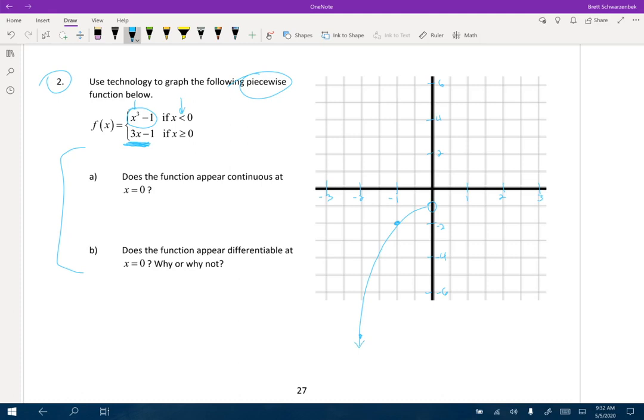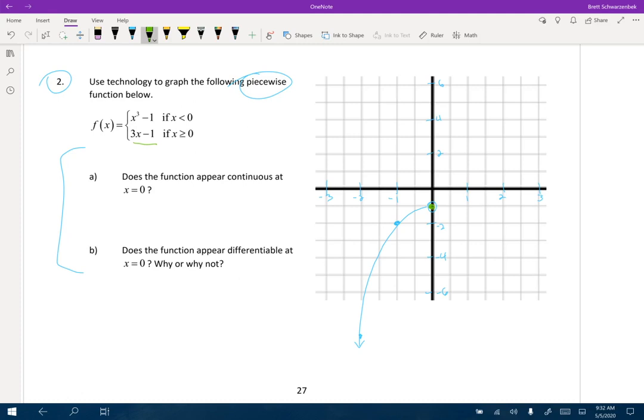So what else do we got? For 3x minus 1, let's put in some points. At 0, we get, oh, look at that, we get negative 1. So what happens then? Well, that means that the empty circle fills in, because a value is happening at that point.